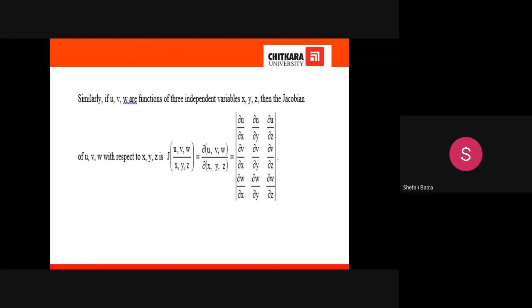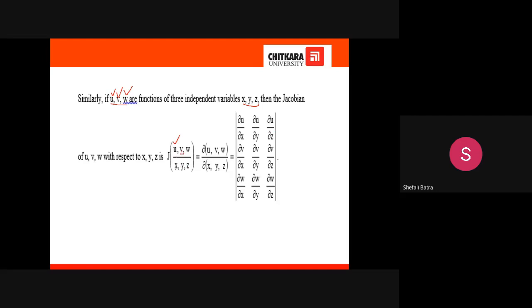Right? Now, similarly, if you have u, v, w, three functions of three independent variables, then the Jacobian of u, v, w with respect to x, y, and z is defined as follows. You need to differentiate u with respect to x, y, and z and keep all of them in the first row.